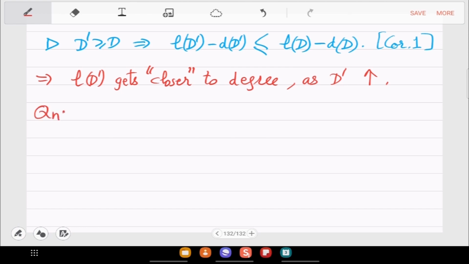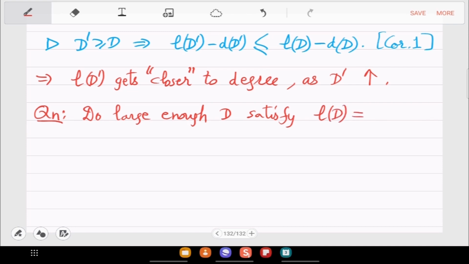So the question here is, in the limit, will L become equal to D? So do large enough D satisfy LD equal to DD?